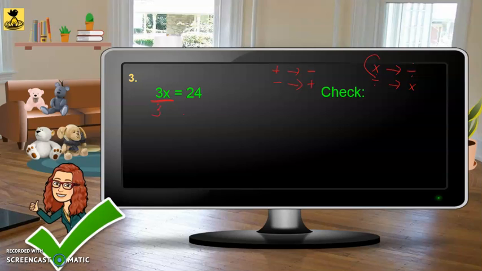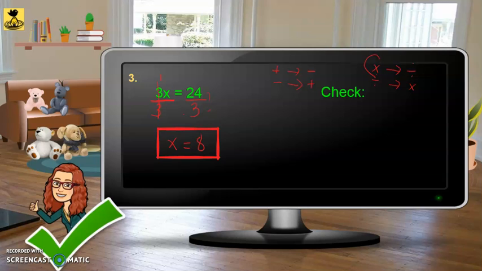Whatever the numerical coefficient of the variable, just divide by that number, and we need to do it on both sides to keep the equation balanced. So 3 divided by 3 is just 1, right? And 1 times x is just x. So 24 divided by 3 is equal to 8. So that's why we have x equals 8.